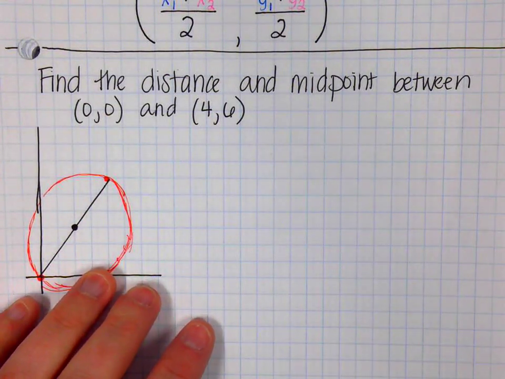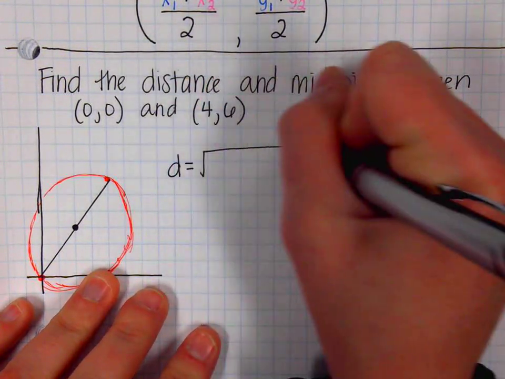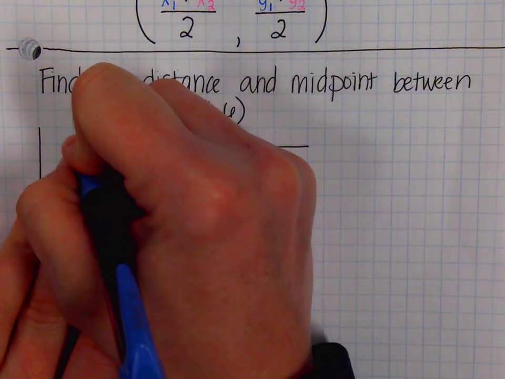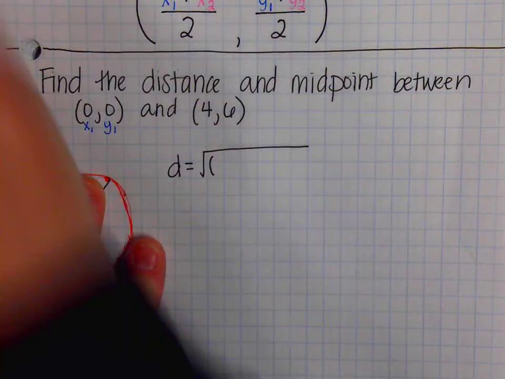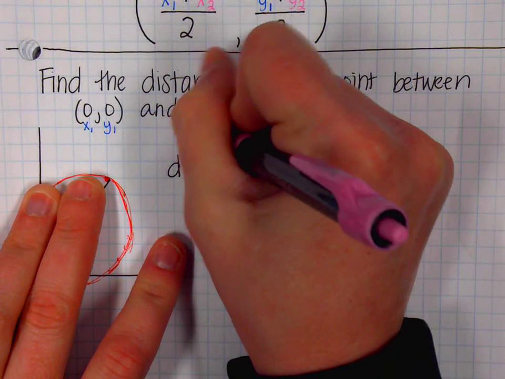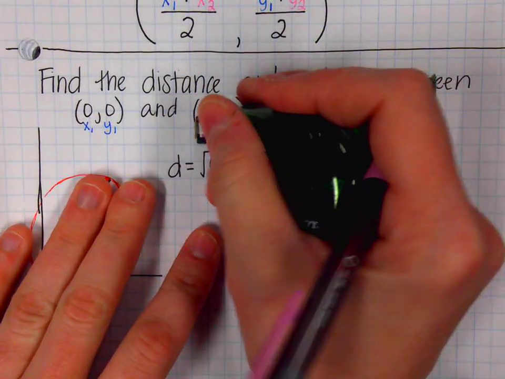So to find the distance, d equals the square root, parentheses. Now this is again x1, y1. This is y2, that's x2.